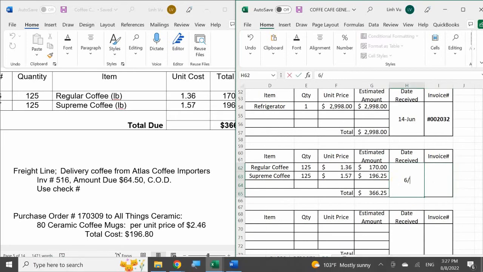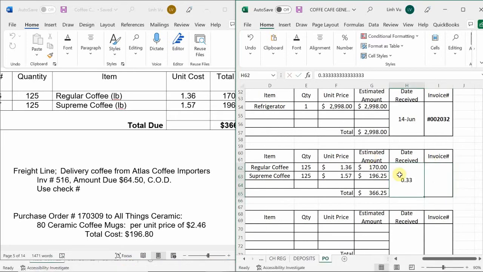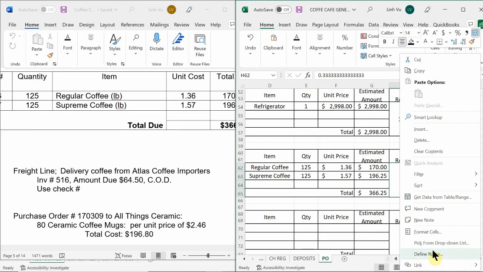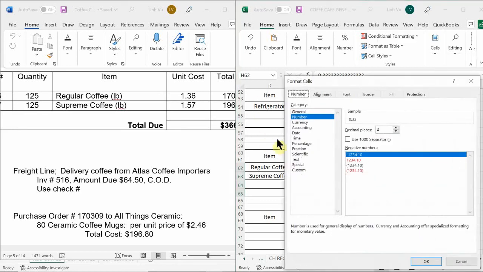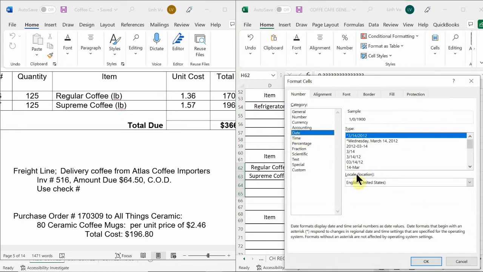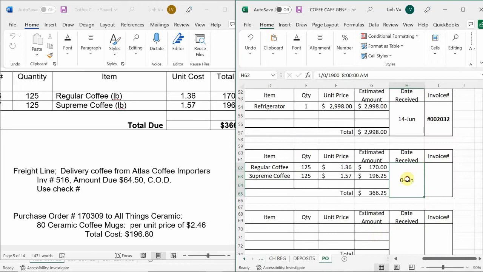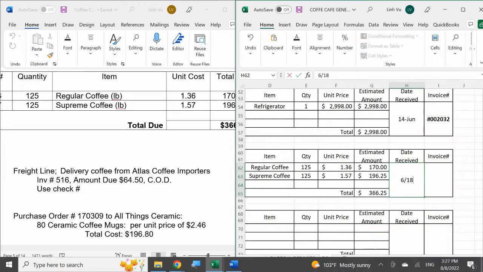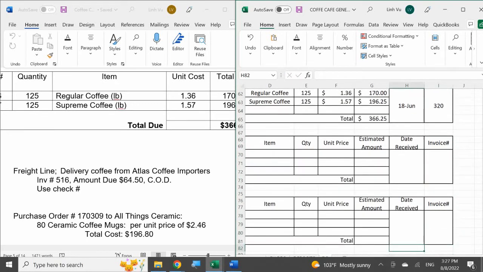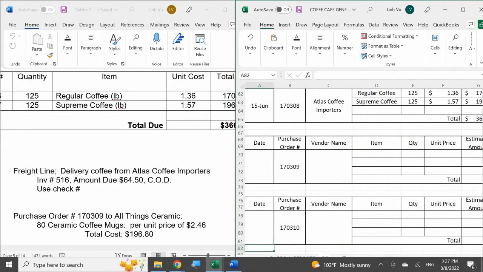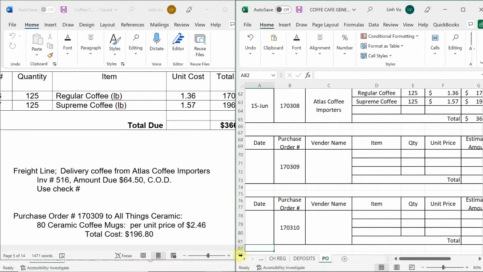Yes, we received it on the 18th with the invoice number 320. Okay, good. So no purchase orders after that. We received all the items that we requested. Okay, so then back to your journal.